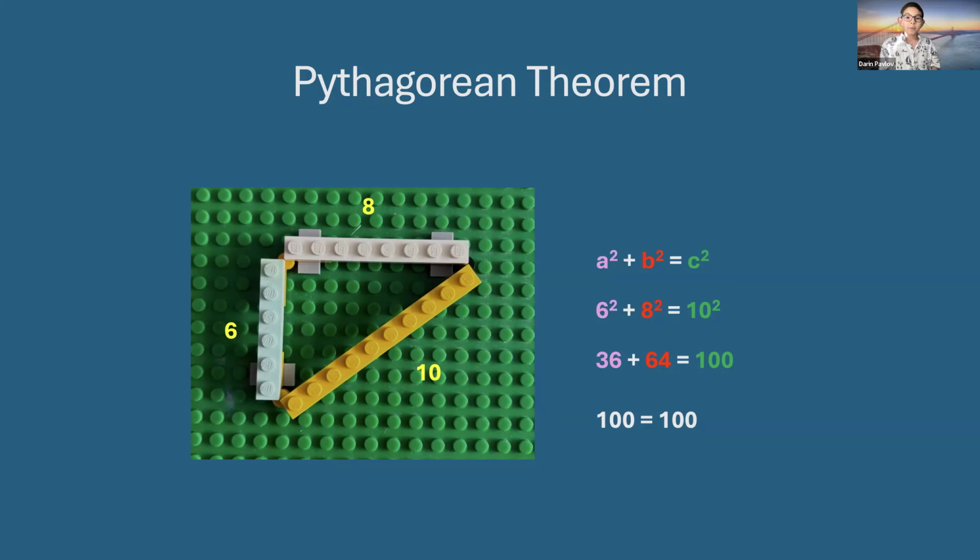In our example, the sides of the triangle are respectively 6 knobs, 8 knobs, and 10 knobs. Let's calculate it. 6 squared plus 8 squared equals 10 squared. 36 plus 64 equals 100. The Lego model proved the Pythagorean theorem.